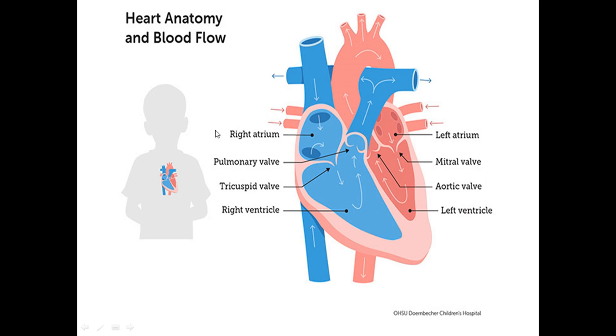These two bloods meet at the right atrium, and upon contraction of the walls of the right atrium, the blood is forced into the right ventricle through the tricuspid valve.